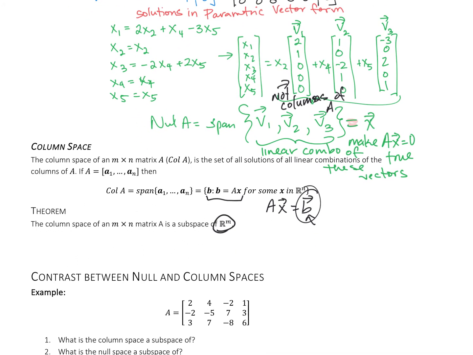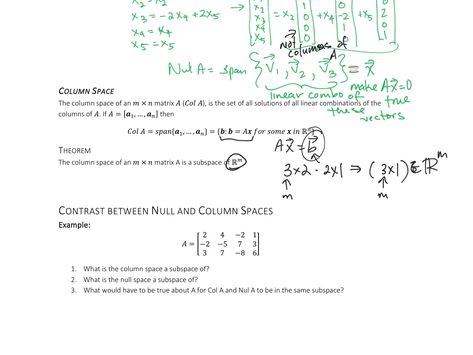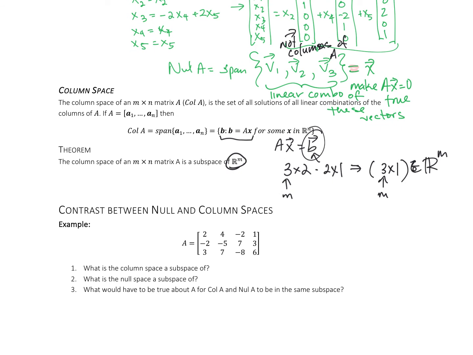Because if you think about it, if we're trying to find the b's, if A is a 3 by 2 matrix and x is a 2 by 1 vector, then b is a 3 by 1 vector. Here's our m. This 3 by 1 is an element of R to the m. Hopefully that makes sense. So we get different subspaces of different vector spaces when we do a column space and a null space.